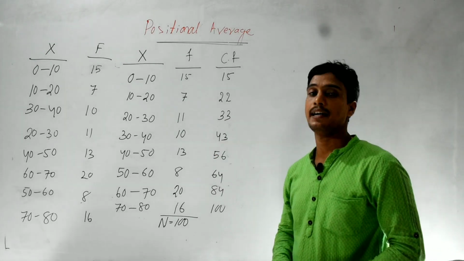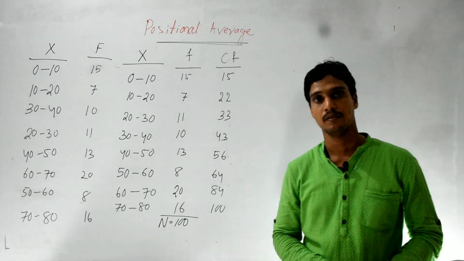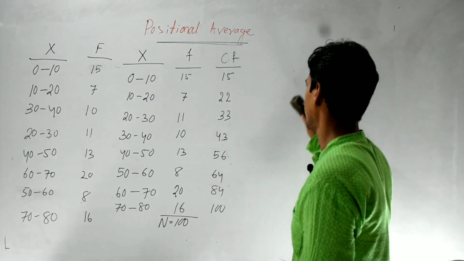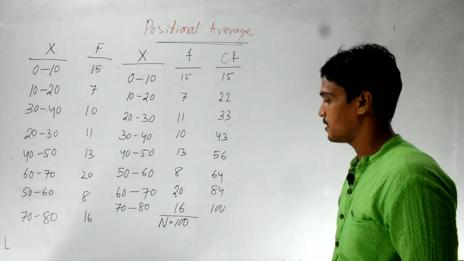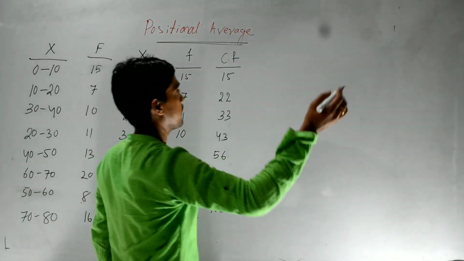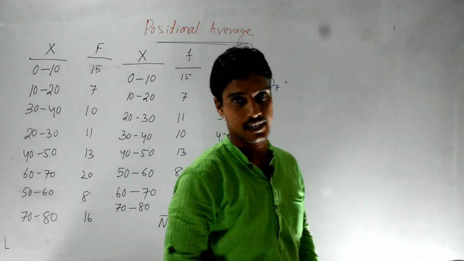Similarly, we can calculate other positional averages like decile and percentile, as it is a continuous series. We have to find the class of the particular positional average, then we can find the value. Let's calculate D7, that means the 7th decile.